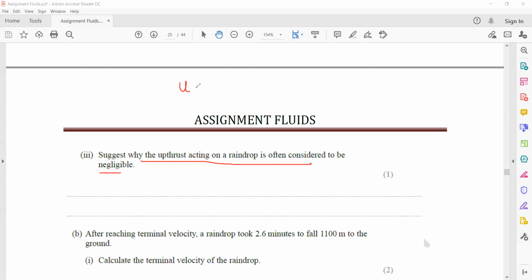The formula to calculate upthrust equals the density of the fluid times the volume of the object times gravity. Raindrops are small in size, and the fluid moving around is the air. The density of air is negligible, meaning a small value. So the volume is already small and the density of the fluid is also small. When two small values are multiplied, the product will also be very small. That is why the upthrust can be neglected.